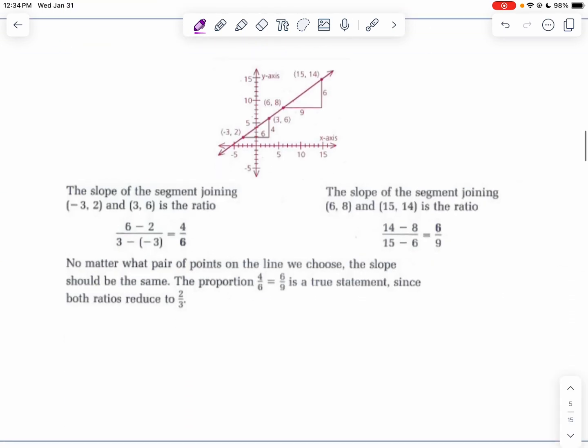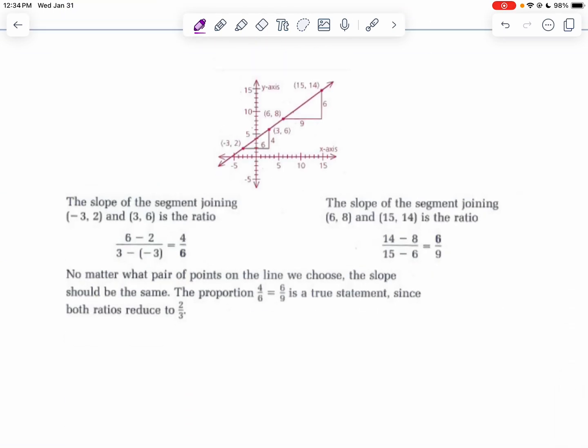Okay, so when we're looking at slope, when I have a line, the slope is never going to change, right? So if I look at this line here, it doesn't matter which numbers or which coordinates I pick, the slope is going to be the same between any of the coordinates.